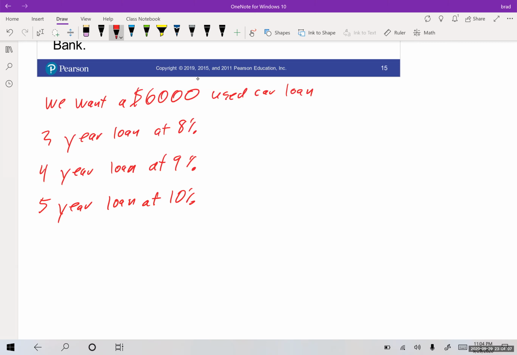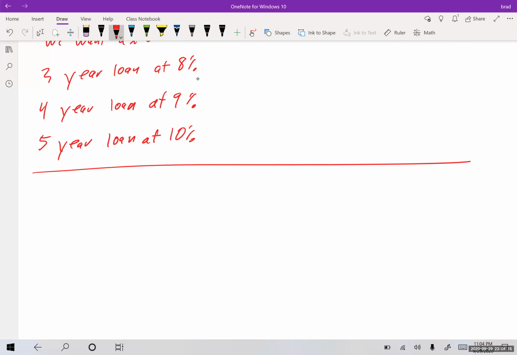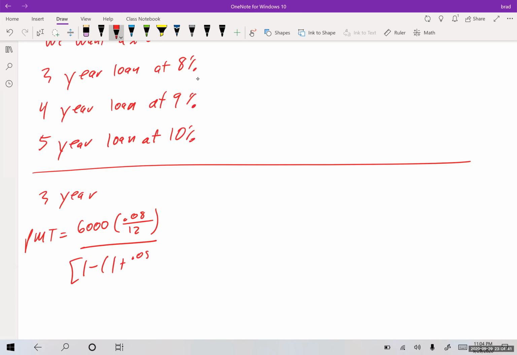Okay. So what I want to do is calculate my monthly payment for each one of them. And again, this is a personal preference. So we're going to do the 3-year loan. And we know that PMT is equal to 6,000 times 0.08 divided by 12, all divided by 1 minus (1 plus 0.08 divided by 12) to the negative 12 times 3, because we're doing a 3-year loan.